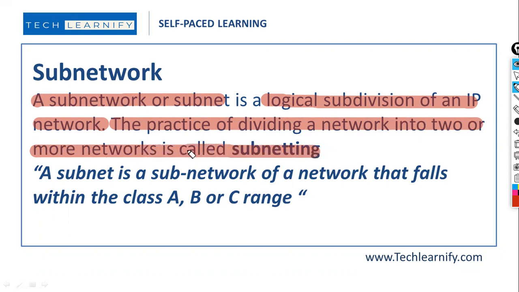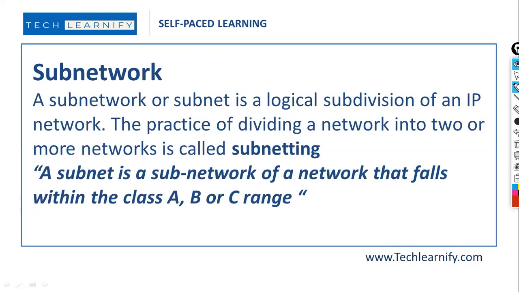So subnetting is a technique of dividing a network into smaller networks. And a subnet is a subnetwork of a network that falls within the same class A, B, or C range. So subnet means a small network.